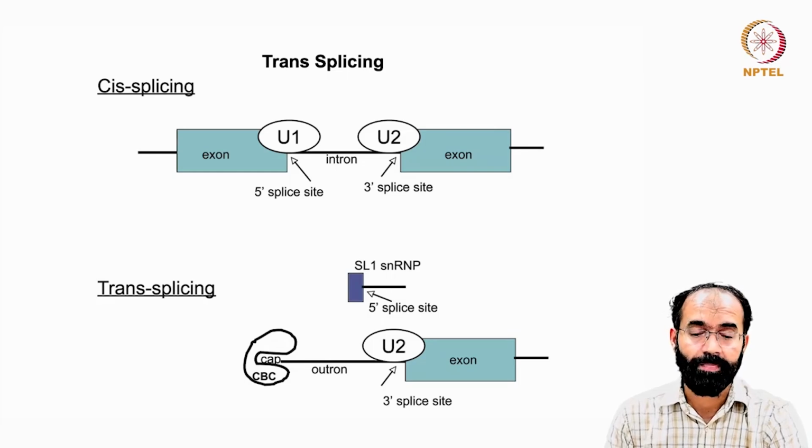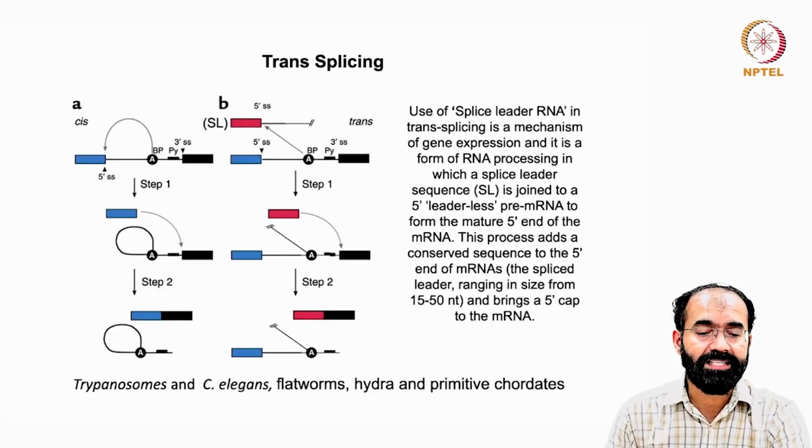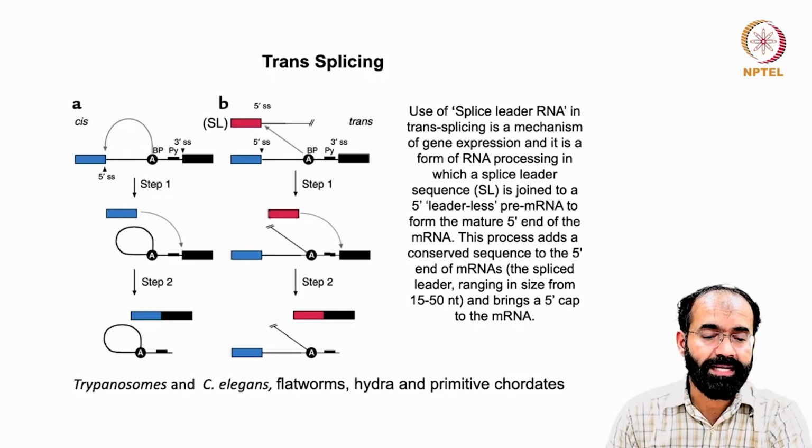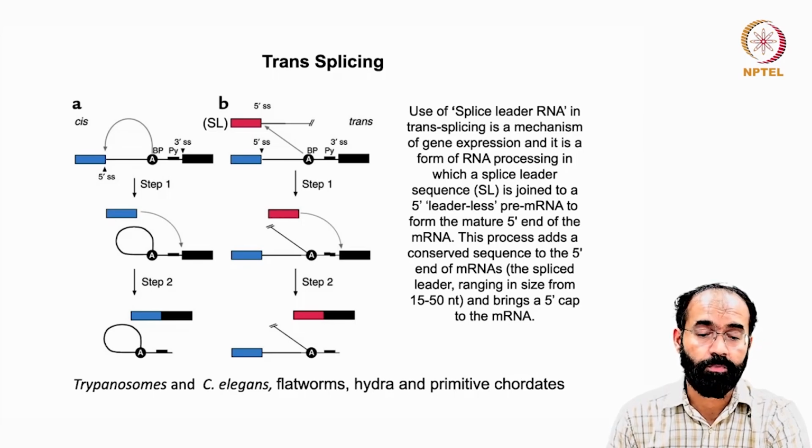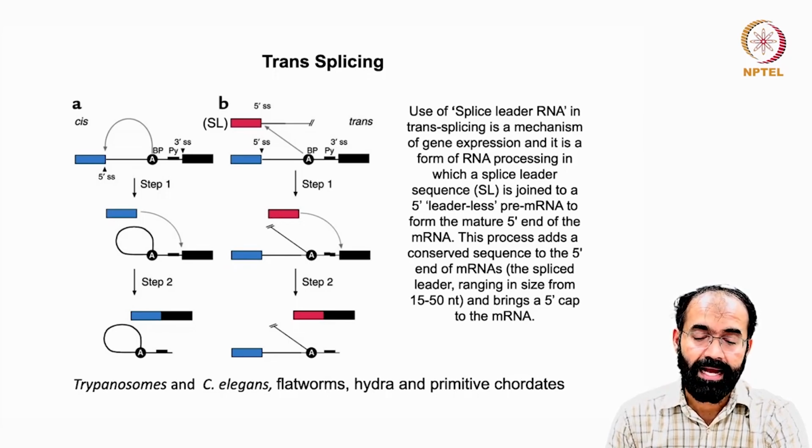How does it work? Let us quickly see it. The trans splicing event is quite interesting. In the normal case it branches, first step and second step, and you have normal splicing. In trans splicing, this A, instead of going here, goes to the external RNA that has come in and pairs there. Because of this, this particular exon does the second transesterification reaction, and now this external exon becomes part of this exon.